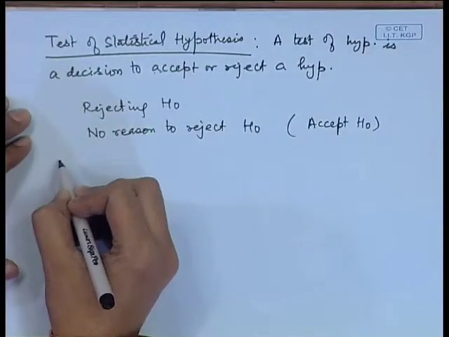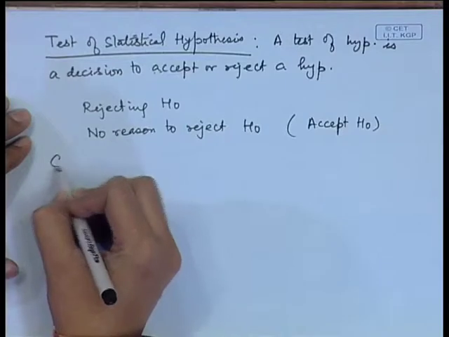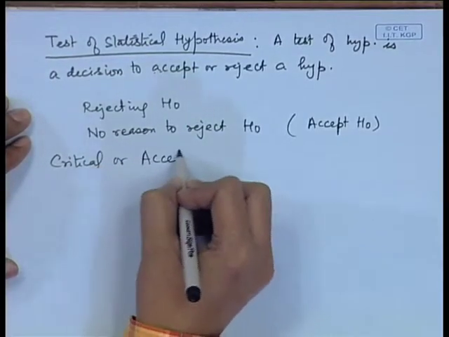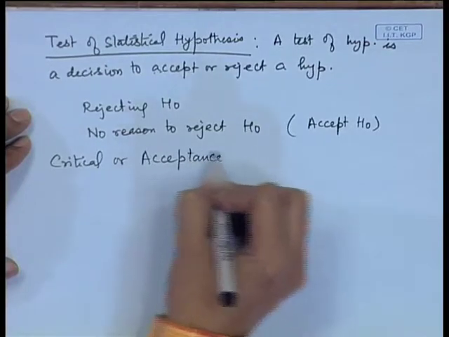So, now a test, which we are telling is a decision procedure to accept or reject a hypothesis, is based on the sample. So, how is it giving you the decision? Let us see that. So, we have the concept of a critical or acceptance regions.